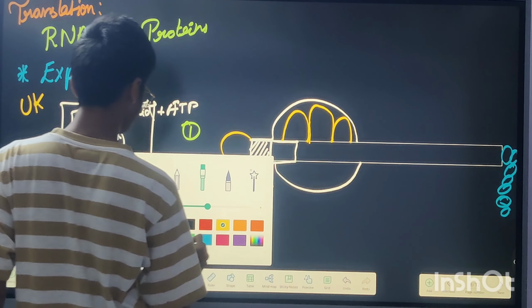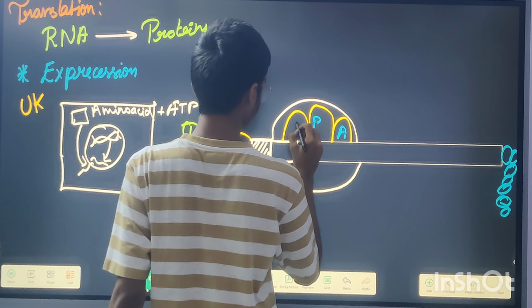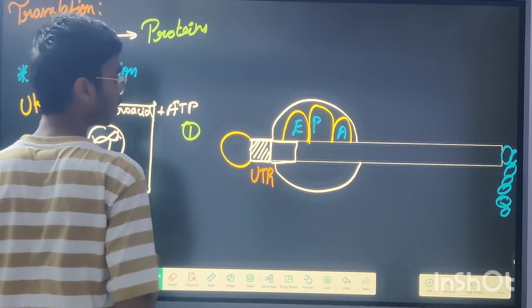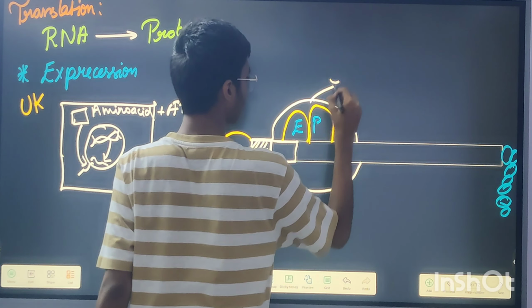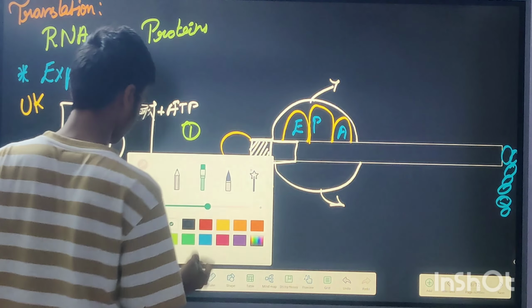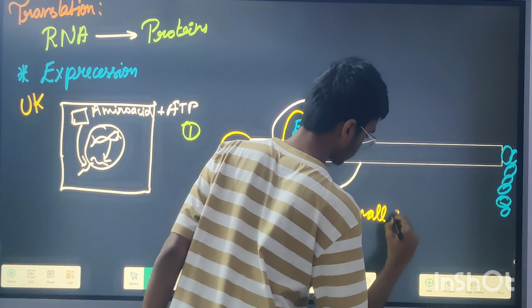We will call these points A, P, and E. In this, this is the large subunit, this is the small subunit.